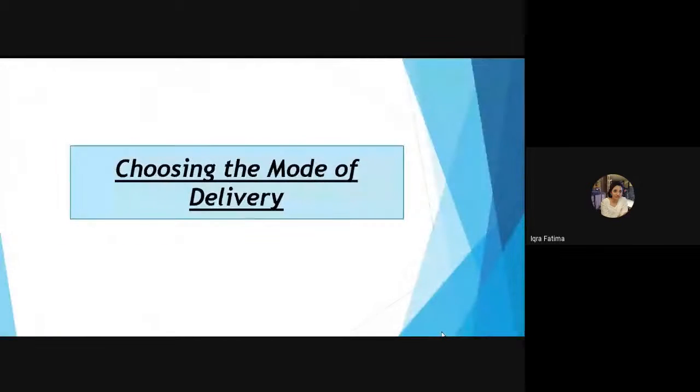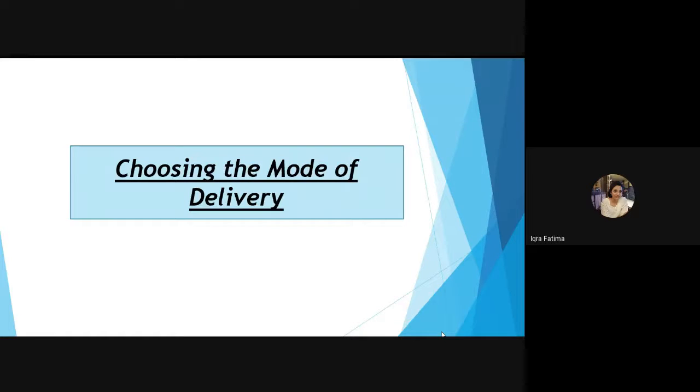Now, as you know, we are learning the step-by-step formation of a formal presentation, and we planned our topics and organized our data according to a systematic structure, with a proper introduction, proper supporting details, and a proper conclusion.